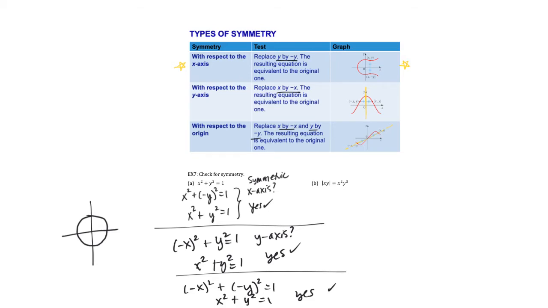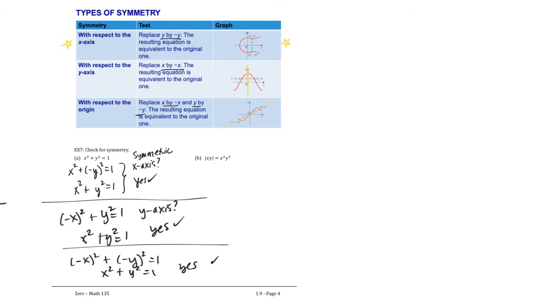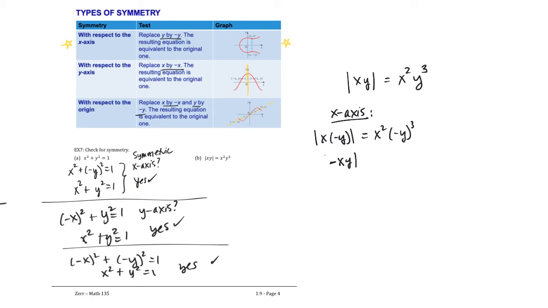All right, moving on. Let's do this next graph. So we've got absolute value of xy is equal to x squared y cubed. So we can check x-axis symmetry. We'll replace y with the opposite of y. And that one we have the negative times positive, that would be negative xy, absolute value of, and then here x squared.